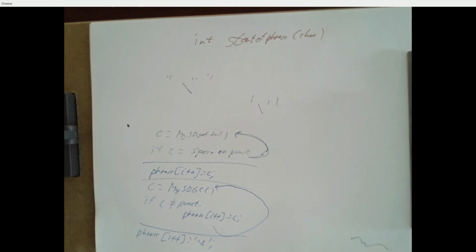Should it be phrase I++ equal to the multi-remainder at the end? Mm-hmm. Yeah, okay, that's an alternative. But don't use I, use something more meaningful. Phrase length or phrase index or something like that.